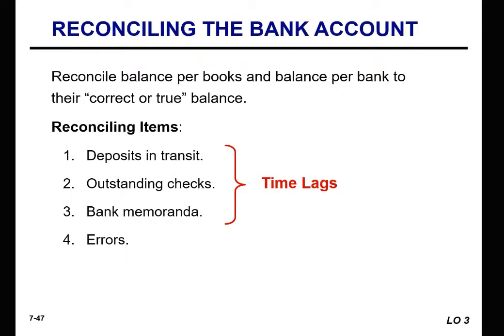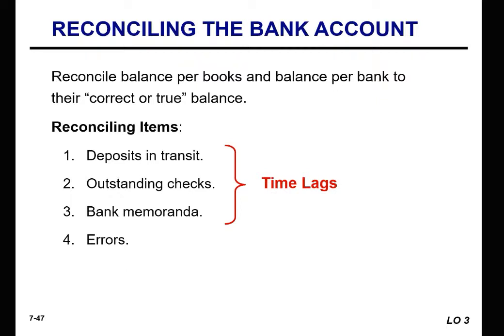Because the bank and the company are keeping separate records, the two balances very rarely are going to be exactly the same. So what we do is we do a reconciliation. This is because of two reasons. One, there are time lags that may prevent one of the parties from recording a transaction in the same period.